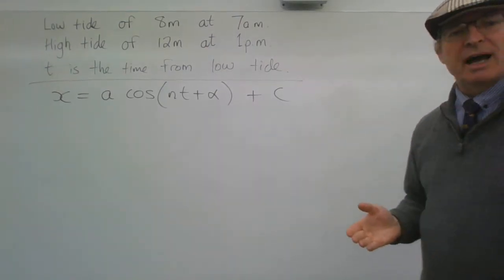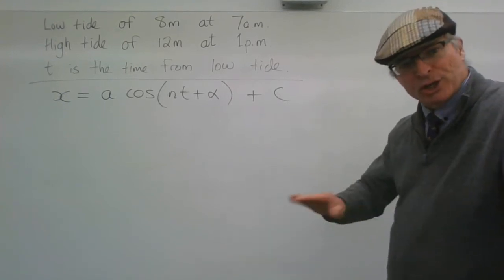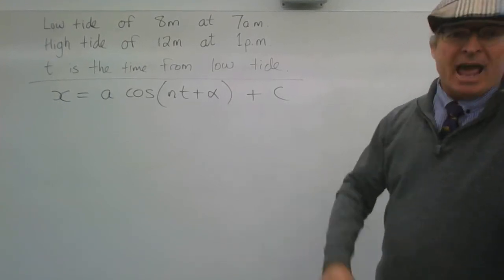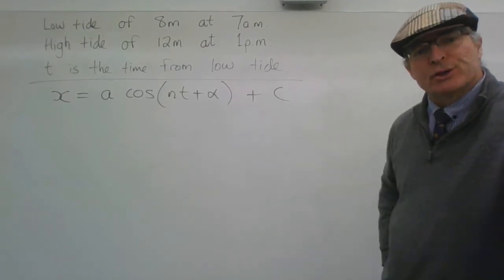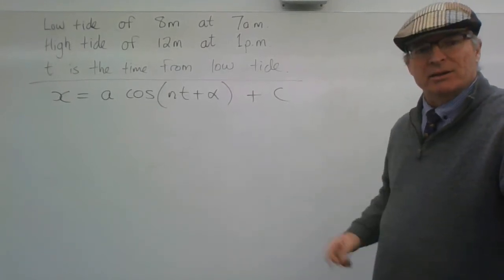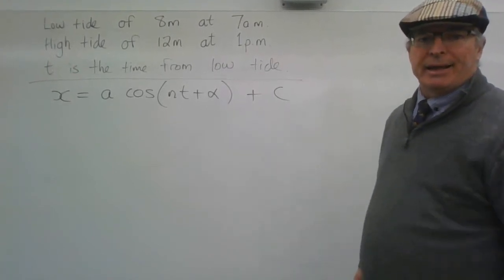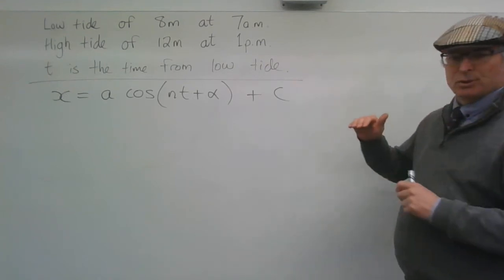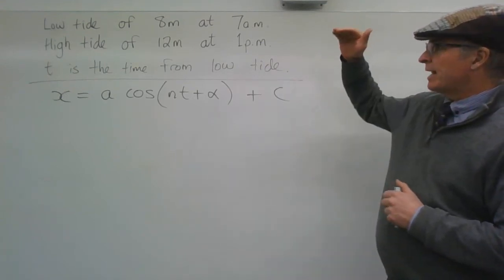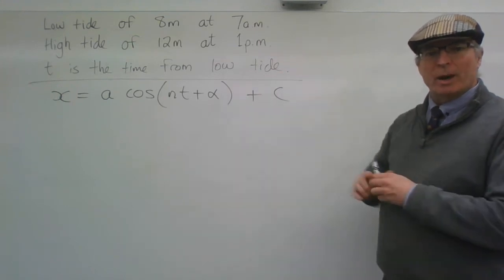Now, if it was oscillating about the floor of the ocean, so it goes down negative and it comes up positive, well, the center of motion would be at 0, but it's not. The center of motion's somewhere up in the water, such that the water goes up to 12 meters and down to 8 meters, up to 12, down to 8, up to 12, down to 8.